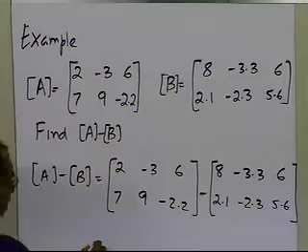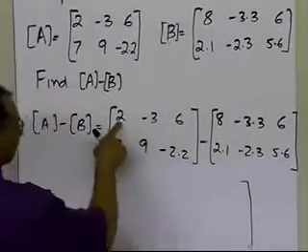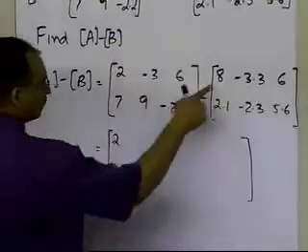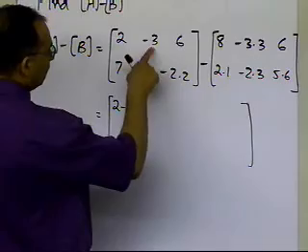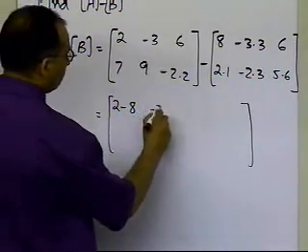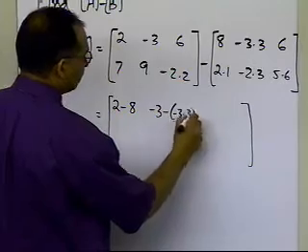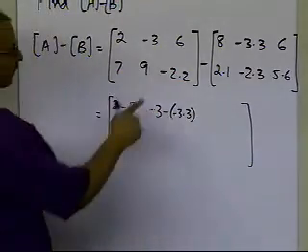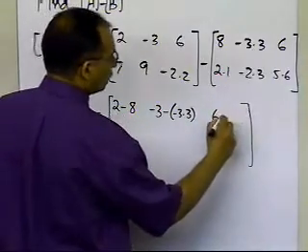So now I'm going to do it element by element, which means that I'm going to take the first row, first column here, subtract the first row, first column there, so that I get 2 minus 8. Then I'll take the first row, second column, which is minus 3, then subtract that particular element. Then the first row, third column minus the first row, third column.